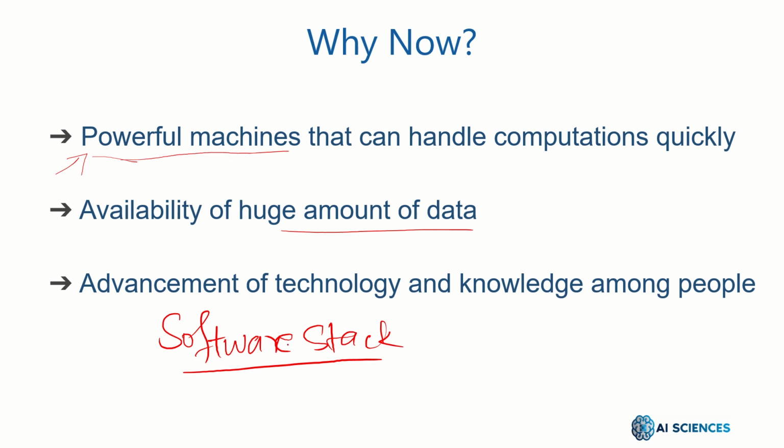A lot of very high level features are available just to work in machine learning. For example, Scikit-Learn in Python, TensorFlow, Torch, Spark for distributed data handling, and a lot of other libraries as well. So as a consequence, the software stack is becoming more and more powerful. That gives rise to more attention from people.